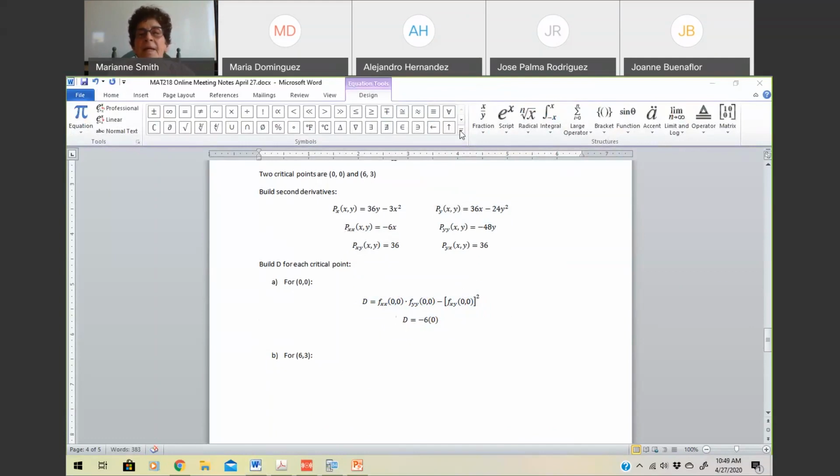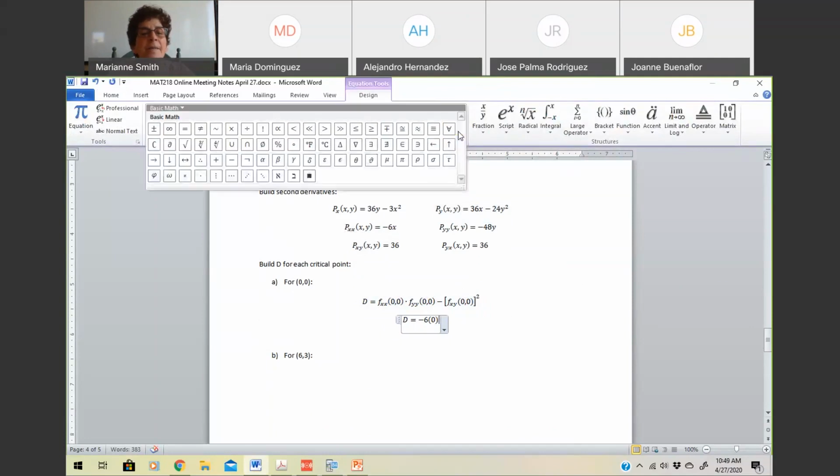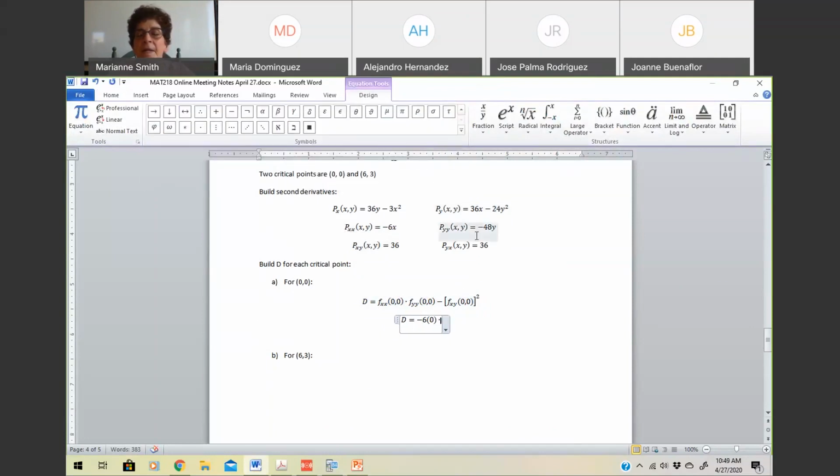Okay, and then I have f sub y, and that's going to be negative 48 with y as 0. So that gives me a 0. And then I have the mixed partial, which is just 36, and it's going to be squared. Okay, negative 36 squared.